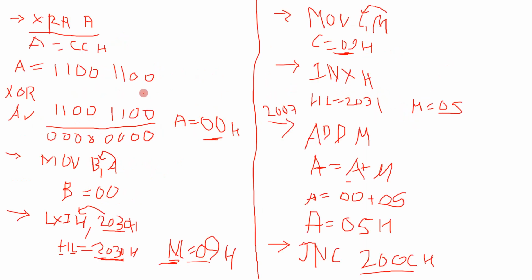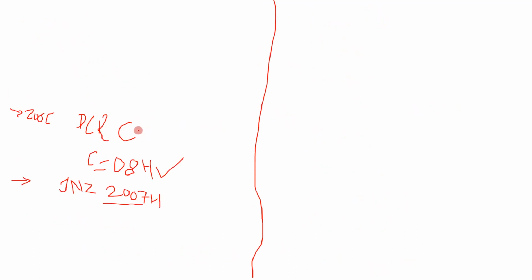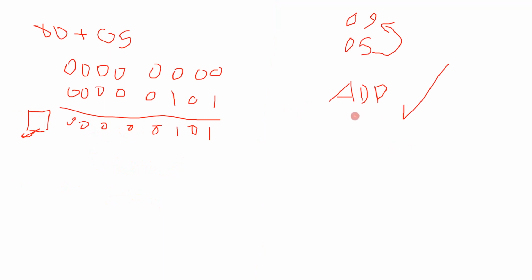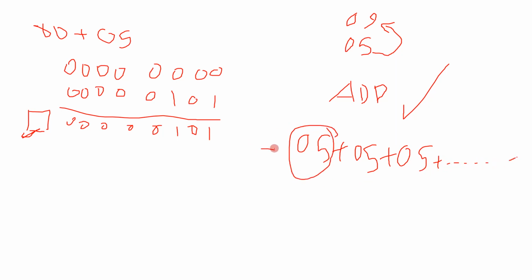To perform the add instruction, the accumulator should be used. And if you want to add 5, 9 times, the first 05 should be added with 00.